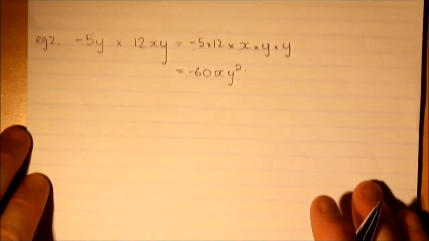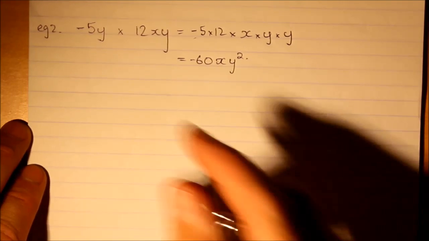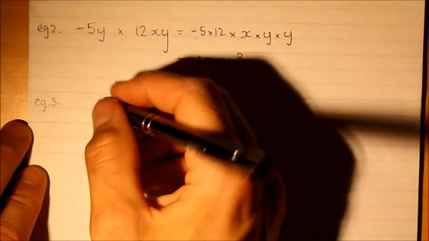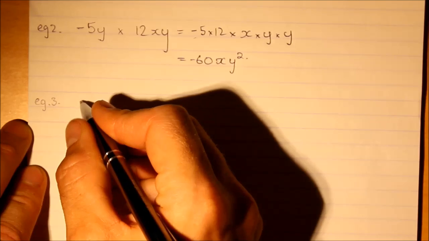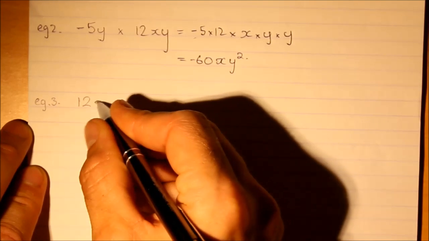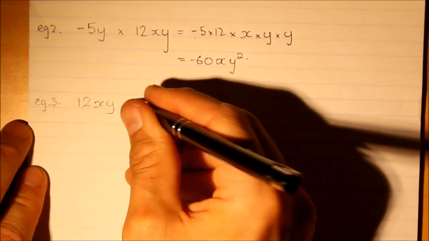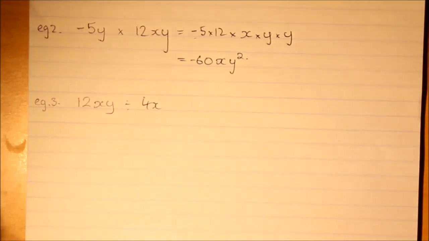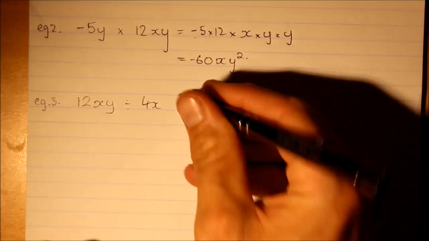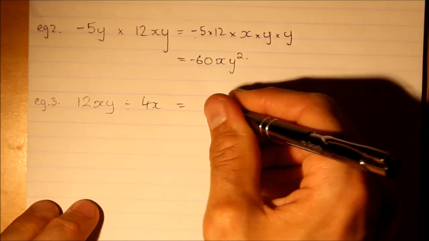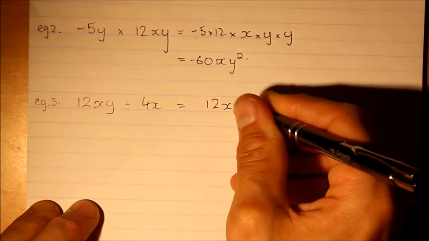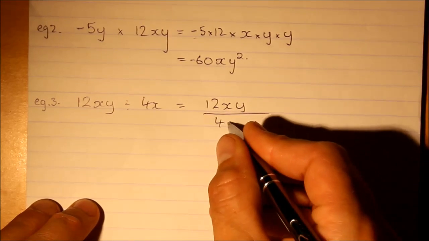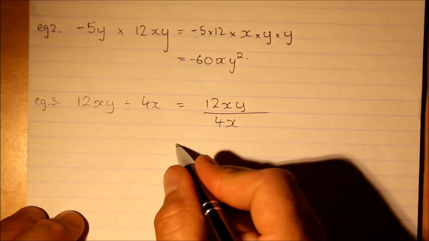Now let's have a look at a division. So if you're given a division like this, a good way to work with it is to write it as a fraction and factor it out.